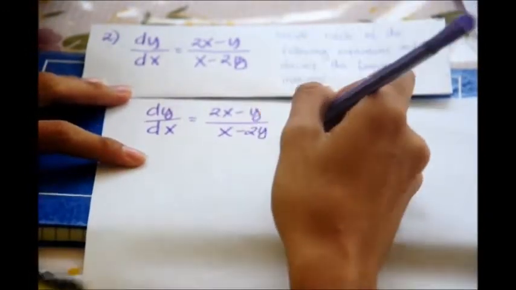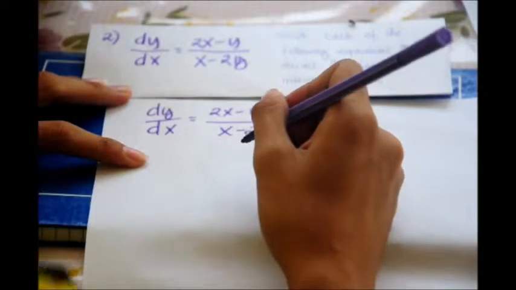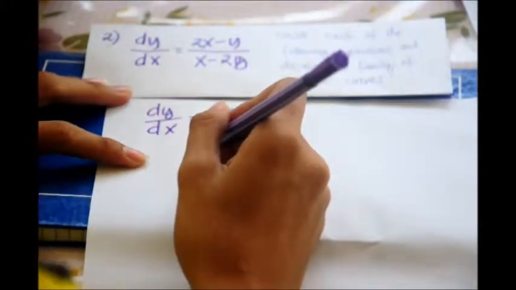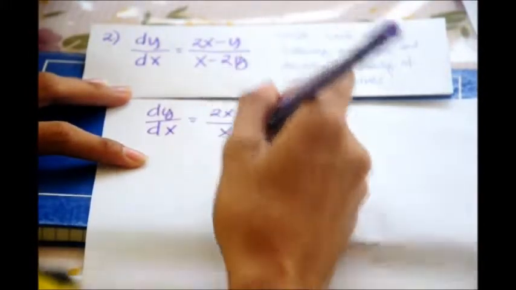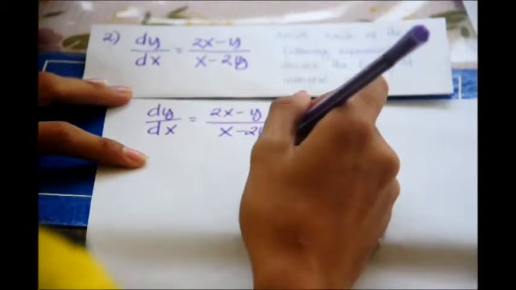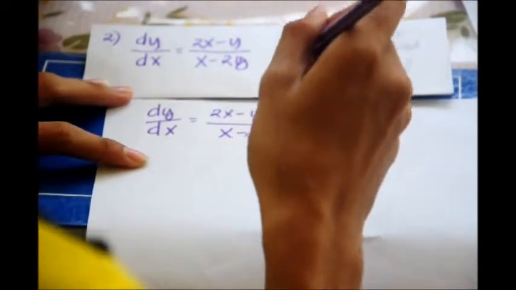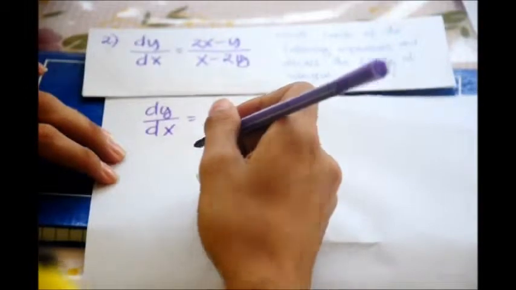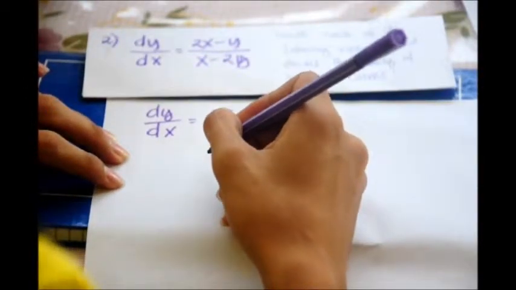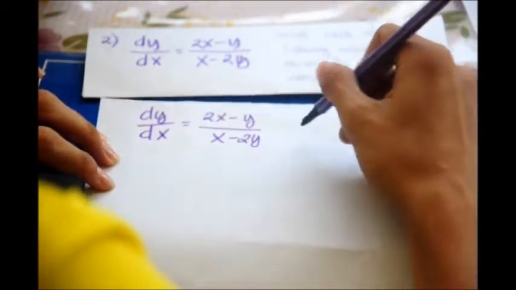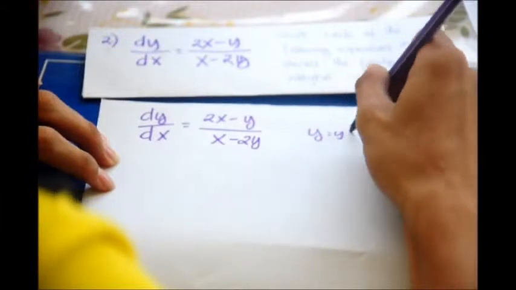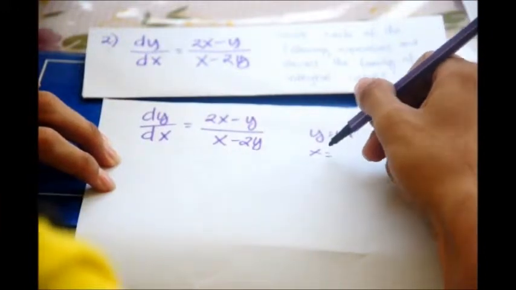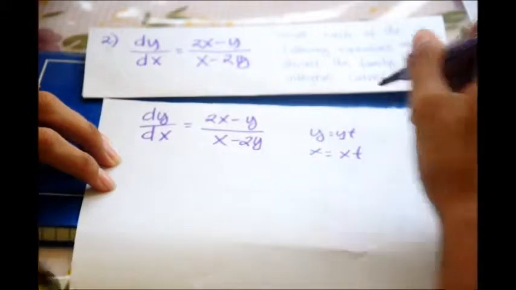I think it is a homogeneous equation. So we must test whether the equation is of the same degree, or we must test whether it is a homogeneous equation by letting y equals ty and x equals tx.